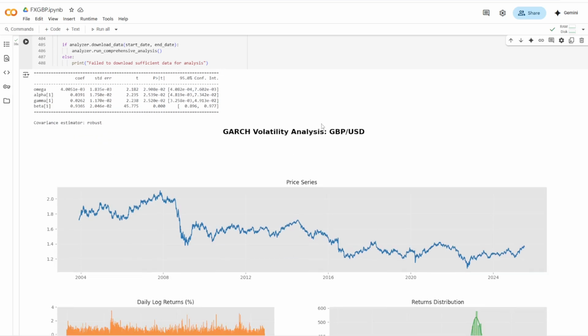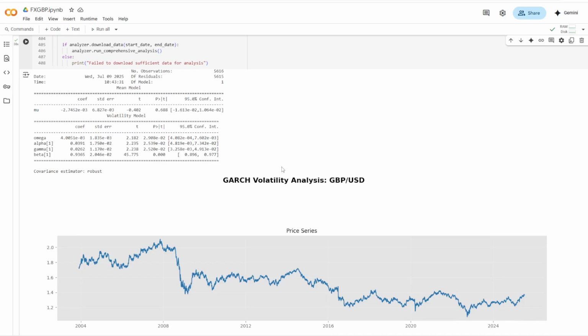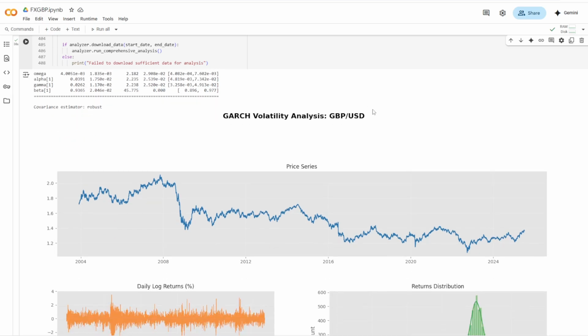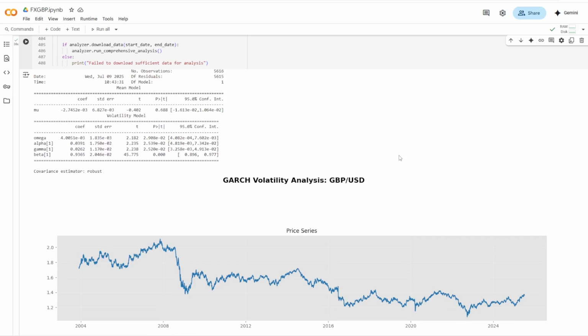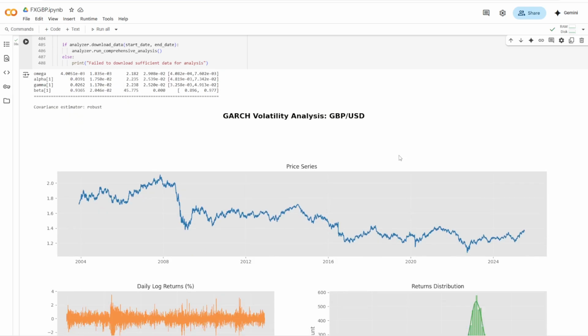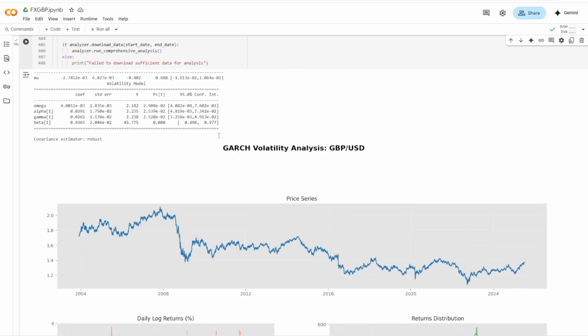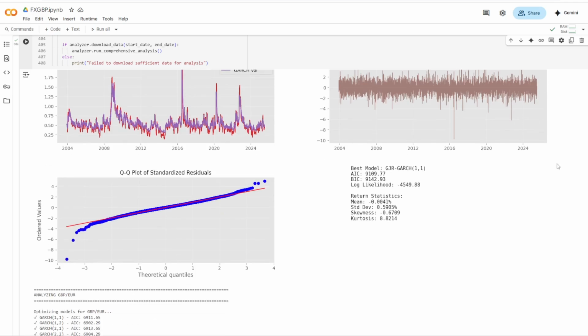Okay, and then the alpha parameter tells how exogenous factors can determine conditional volatility, and it's 3.9%.